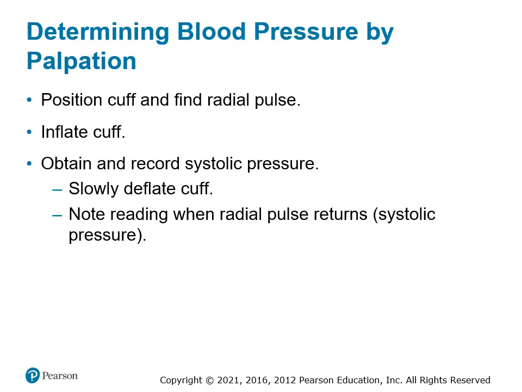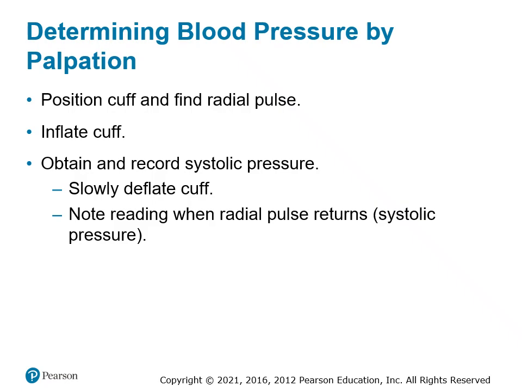There's a second way to determine the blood pressure, and that's by palpation. If it's really noisy and you can't hear anything, or you don't have a cuff or a stethoscope to listen with, then you can take the cuff and put it on the patient, same position as if you were auscultating a blood pressure.